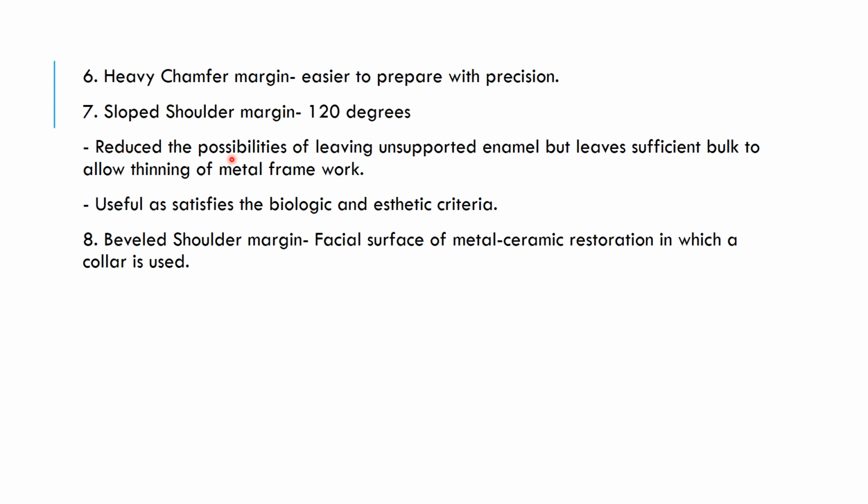It reduces the possibility of leaving unsupported enamel, but leaves sufficient bulk to allow thinning of the metal framework, guys. So it is useful as it satisfies the biologic and the aesthetic criteria. Bevel shoulder margin can be used on the facial surface of the metal ceramic restorations.